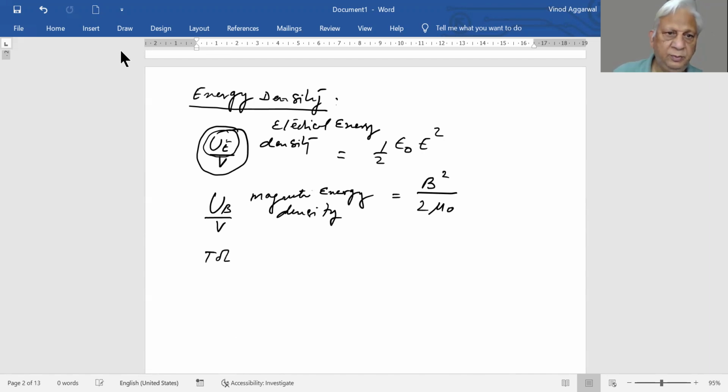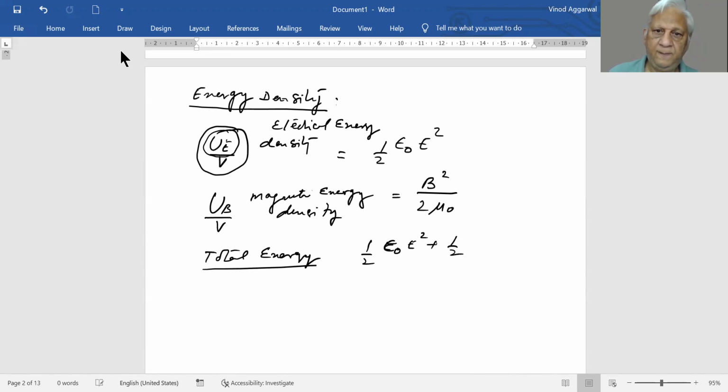Now the total energy possessed by an electromagnetic wave would be the sum of the two. Right?